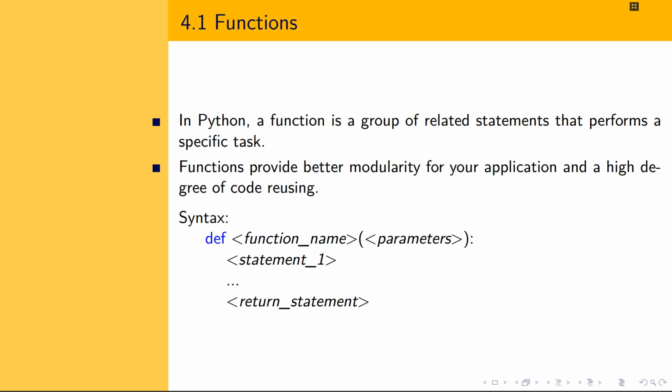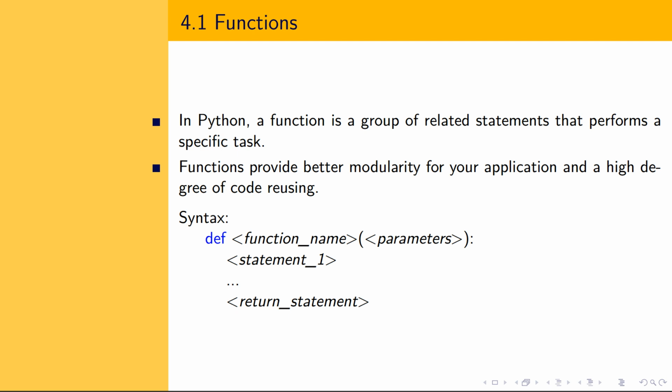So here is the syntax of defining a function. The function block begins with the keyword def, followed by the function name and parentheses. The input parameters or arguments should be placed within the parentheses. The code block within every function starts with a colon and is indented.